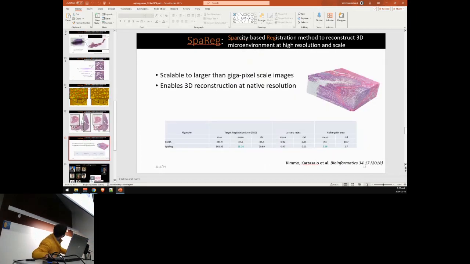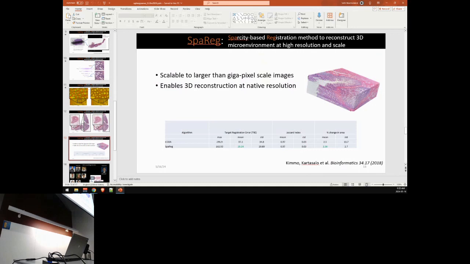So this is a comparison of SPARIC with CODA on three performance metrics, which include target registration error. There's a publicly available data set which most of the registration algorithms compare to. There are fusion markers, and they calculate the error between each pair that is accumulated across the whole section.